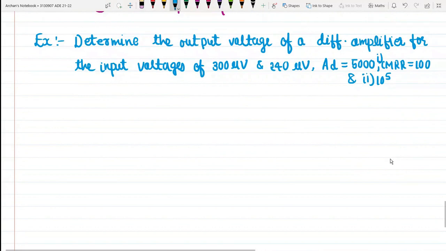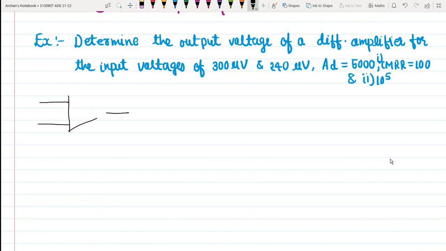So we have been given one differential amplifier with these two inputs and one output. This is my input V1, which is equal to 300 microvolt, and input V2 is 240 microvolt, and we need to find the output voltage.